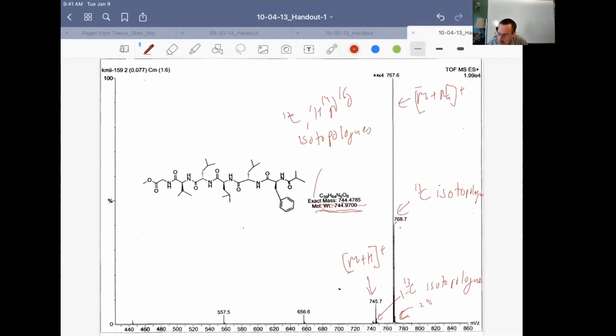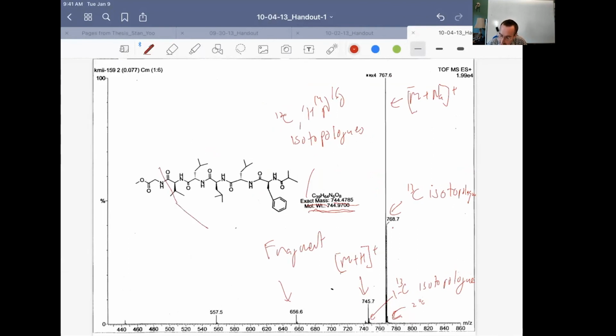And you'll notice we see some lower peaks, and I talked about fragmentation. So this, for example, at 656.7 is a fragment, and this specifically is a fragment where this bond has broken, and now we've got our carbonyl as an acylium ion, and then we have our valine and our leucine, and so on and so forth.